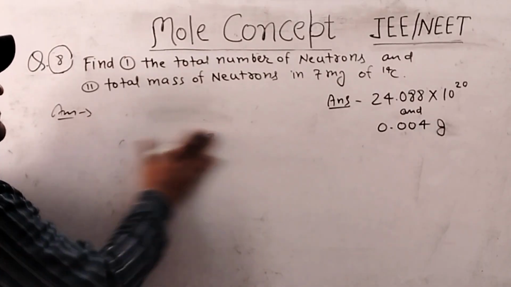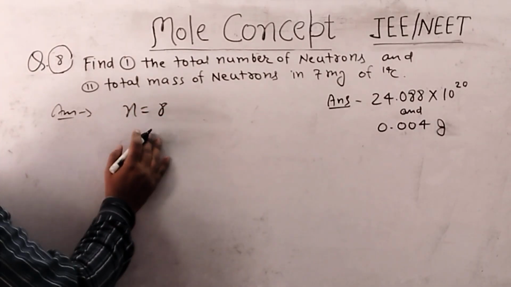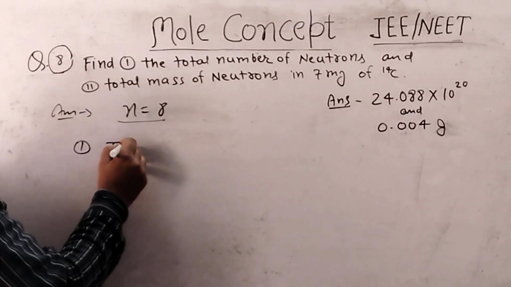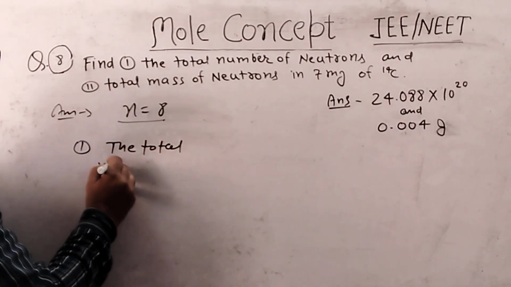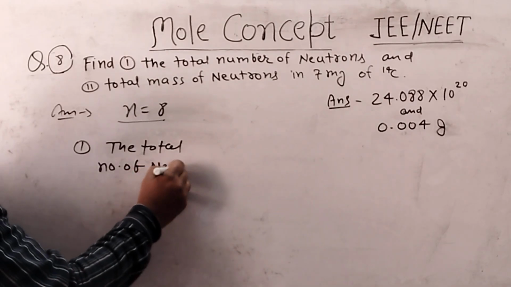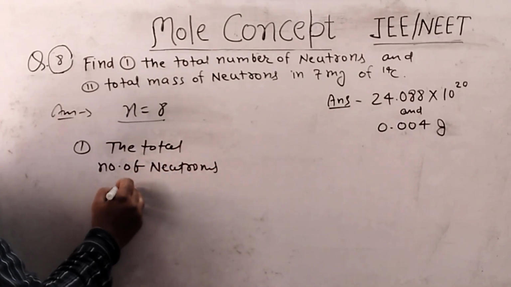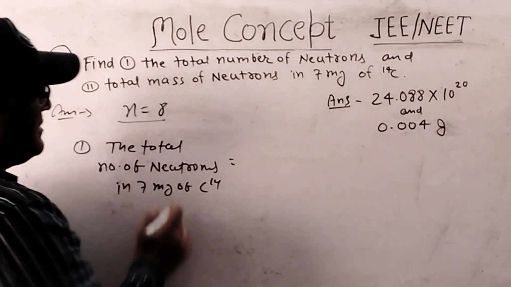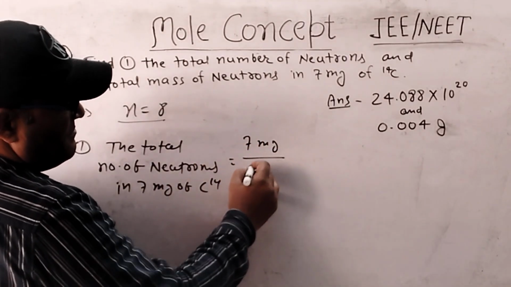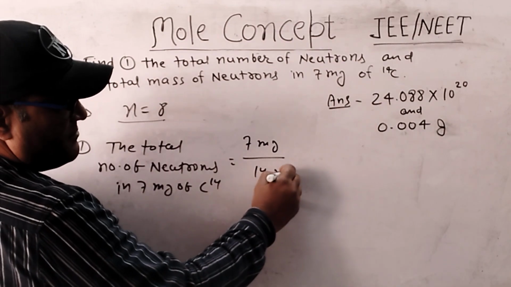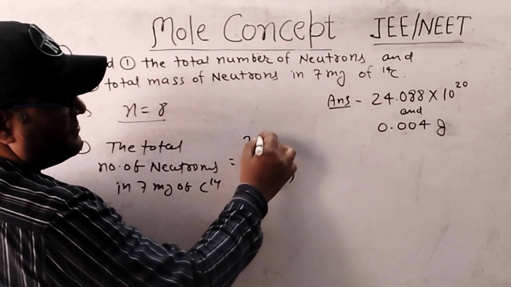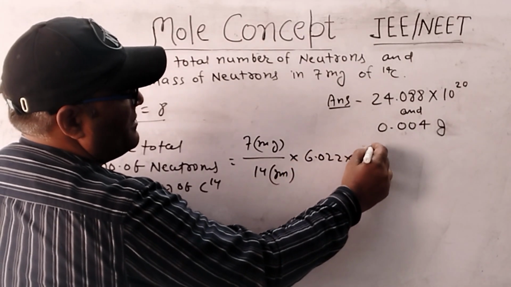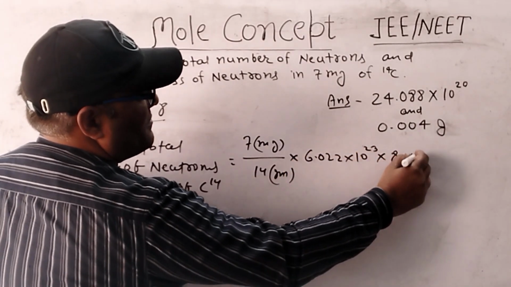Now we can solve the first question here: the total number of neutrons in 7 milligram of carbon 14. Now 7 milligram divided by atomic mass of carbon, 14 gram, multiplied by 6.022 into 10 to the power 23, into 8 neutrons.